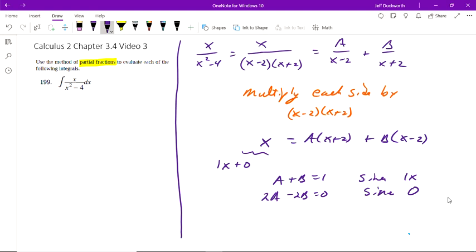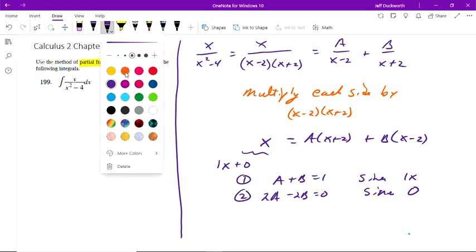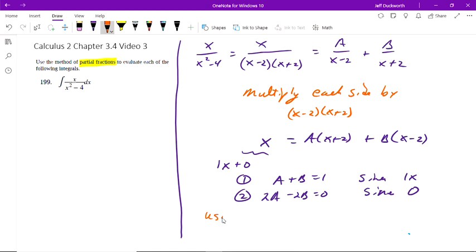Well, I can solve this using substitution, or I can just add 2 to the top, but let's use substitution. Let's make this equation 1 and equation 2. So using 1, we have A equals 1 minus B. I'm going to sub into 2. So that means 2 times (1 minus B) minus 2B equals 0.